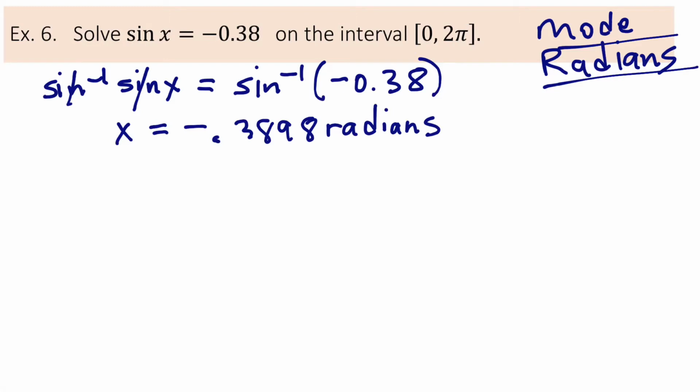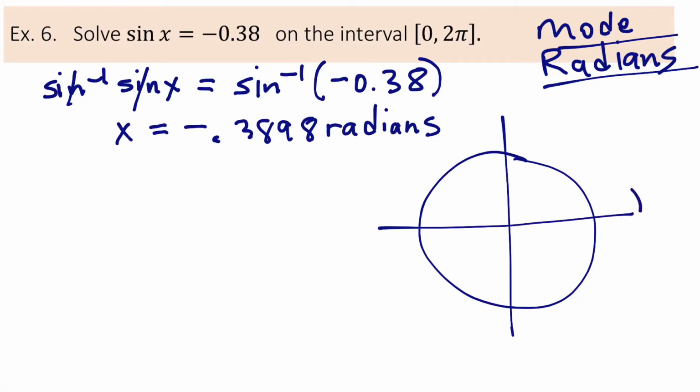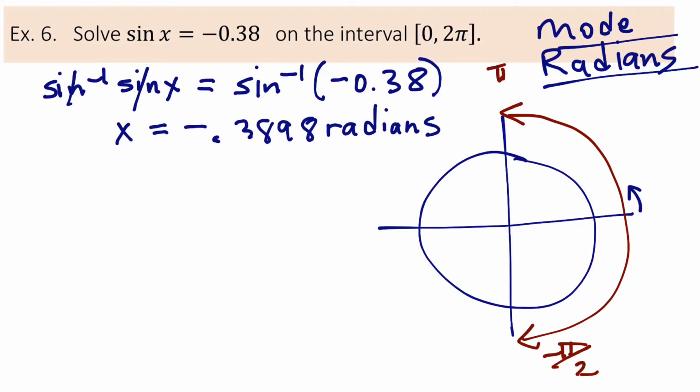So let's take a look at the circle, from 0 to 2 pi. If you have an angle x equal to negative 0.3898 radians, what you have to remember is that when you take the inverse sine of an angle, it returns an angle in the interval negative pi over 2 to pi over 2, because that's the range of angles you can get out of an inverse sine function.